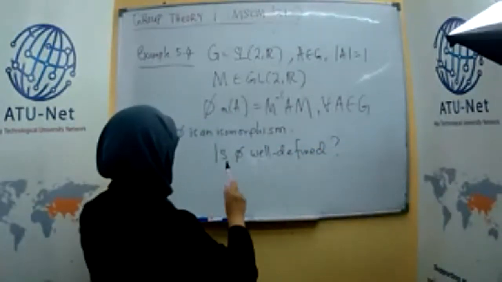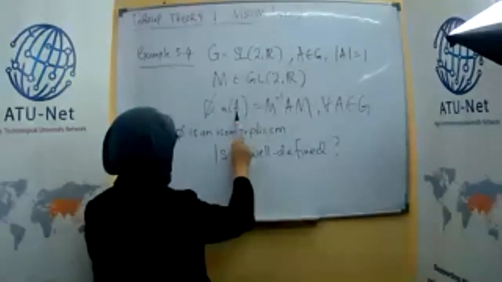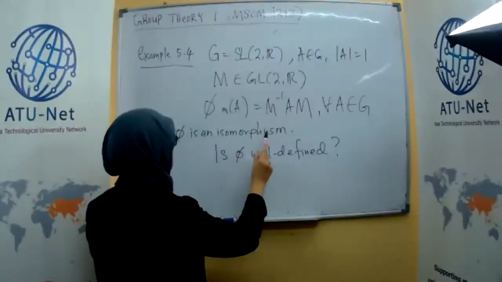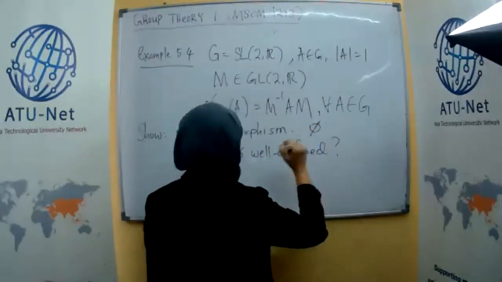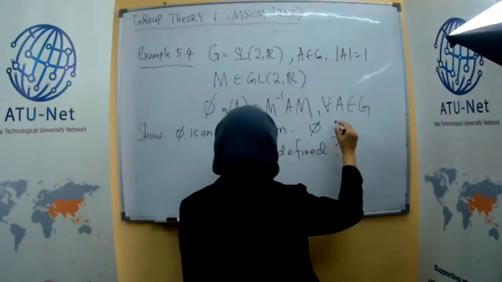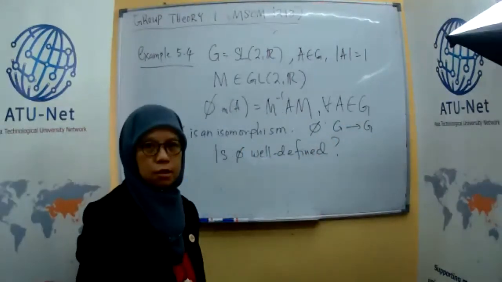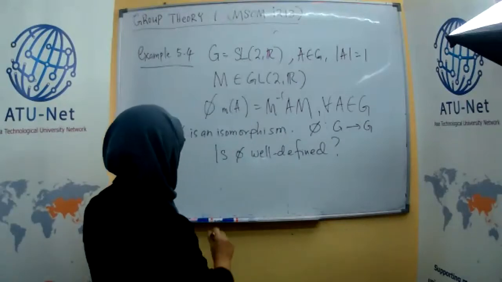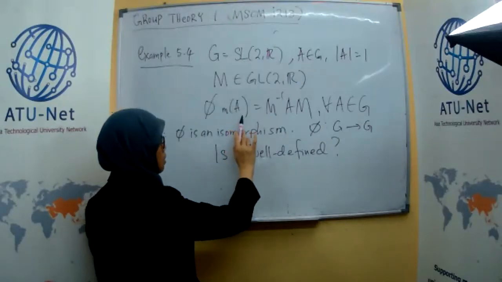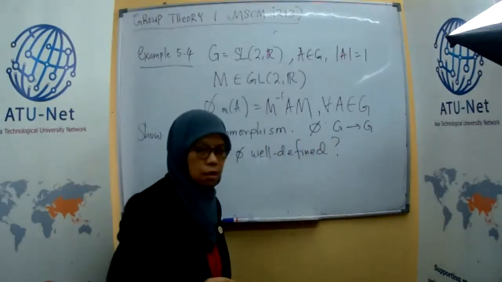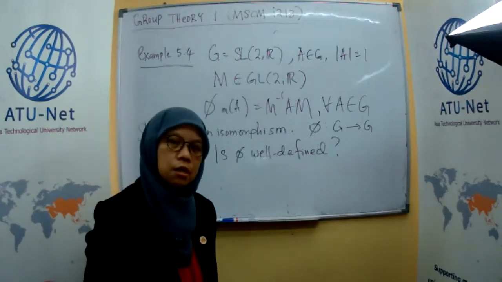So if you have phi from G to G, the image of A, is it back in G? So how are you going to check?